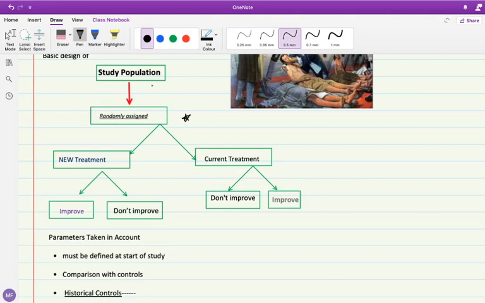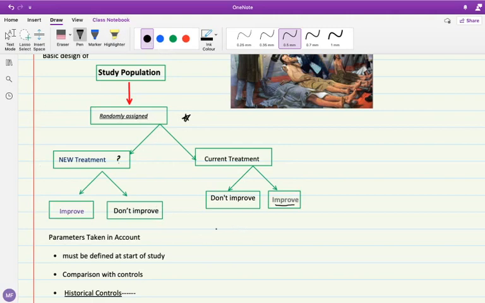The study population is randomly assigned into two parts. The first part is going to follow the current treatment plan. There, a certain number of people don't improve because the treatment doesn't work on them, but a certain proportion will improve with the passage of time. The new treatment, the treatment in question, is also given, and improvement and non-improvement patterns are observed. So this is the basic schematic structure of a randomized trial.